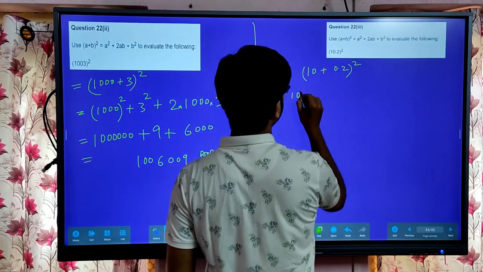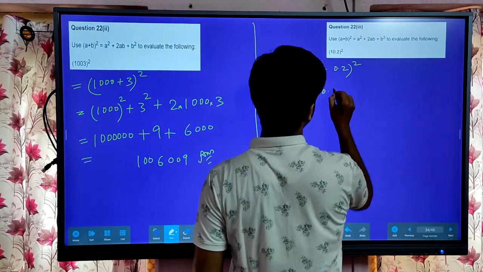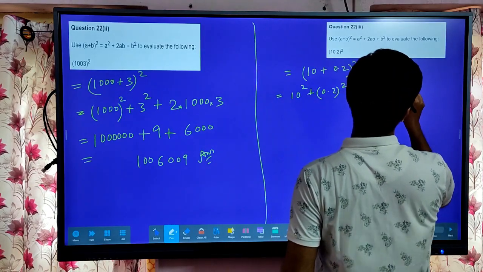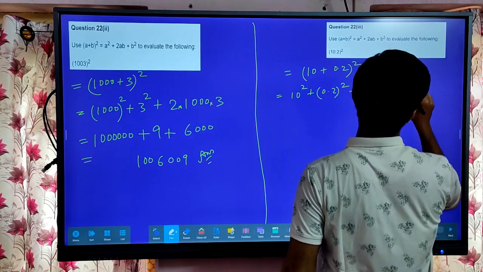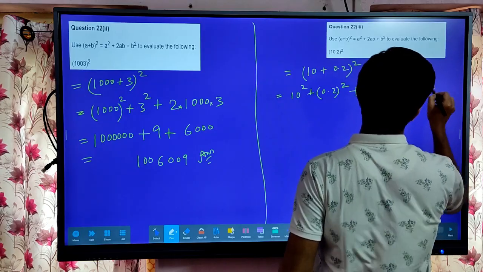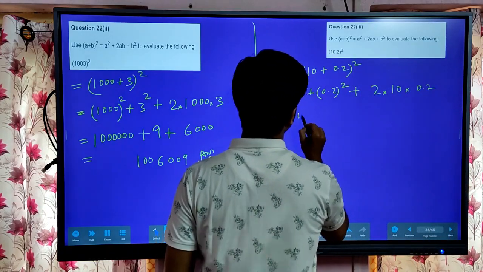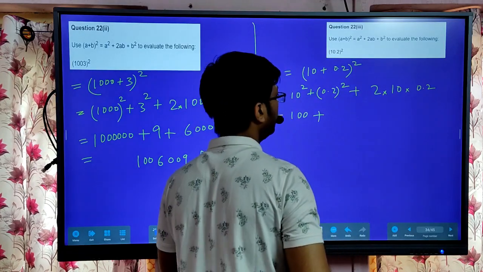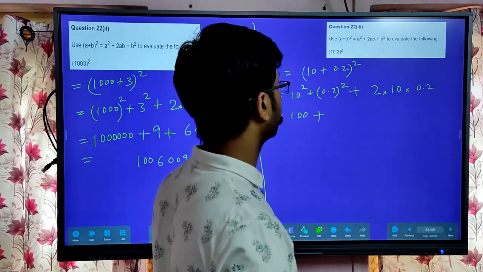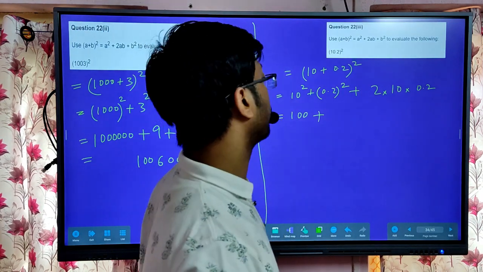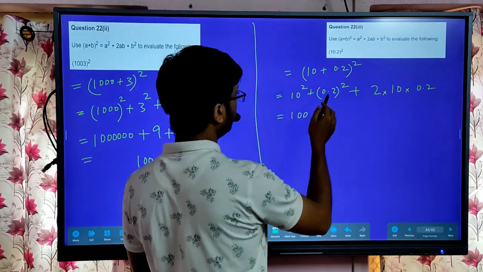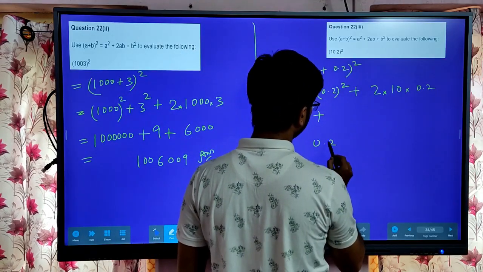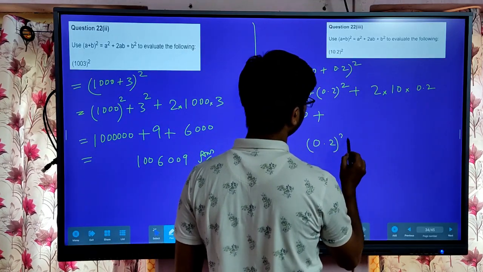So it will be 10 square plus 0.2 square, A square plus B square plus 2AB, 2 into 10 into 0.2. So it will be 100 plus 0.2 square will be how much? 0.04.